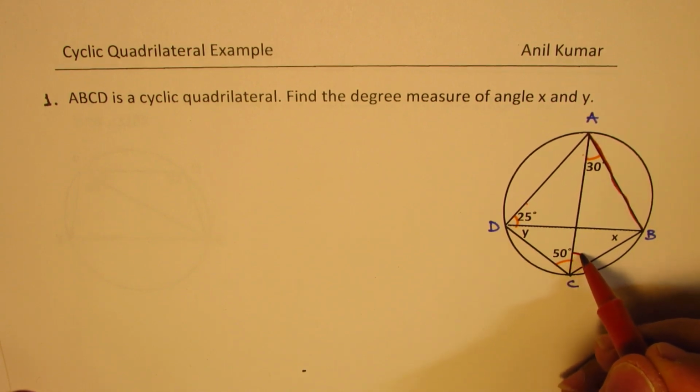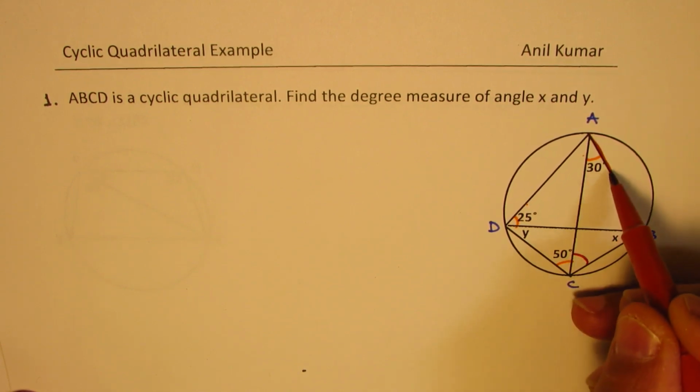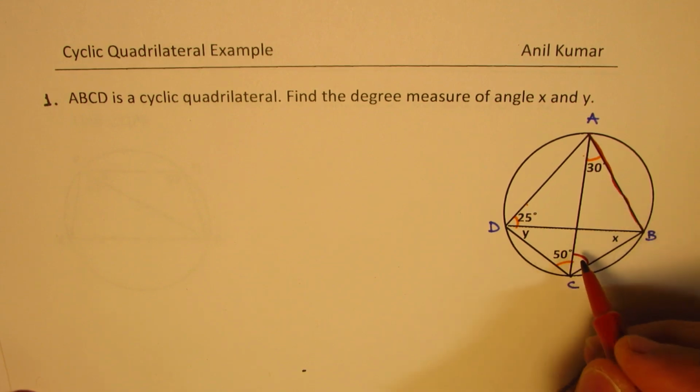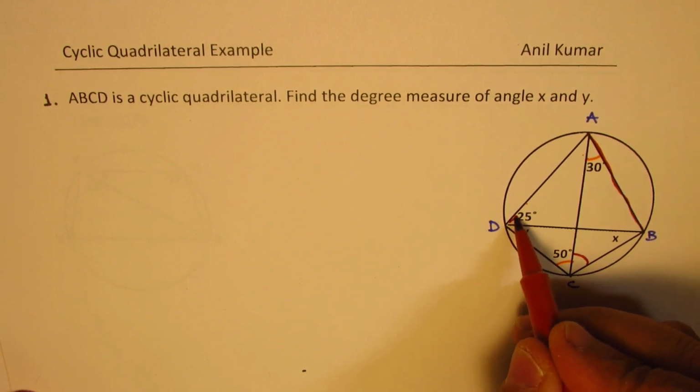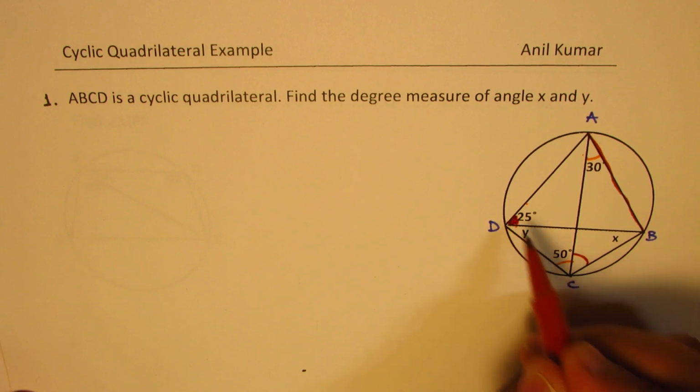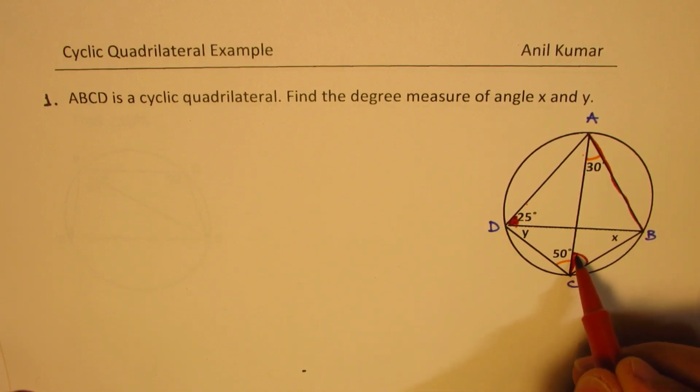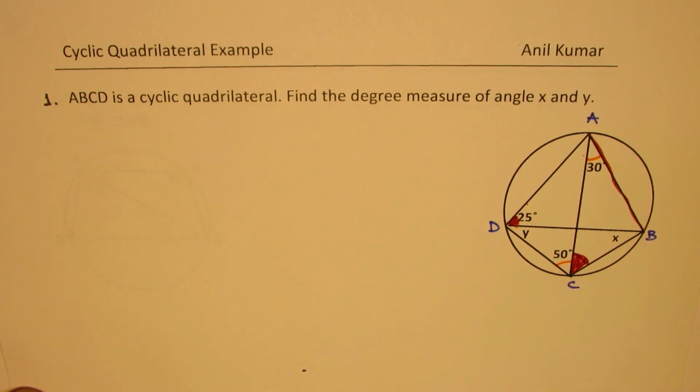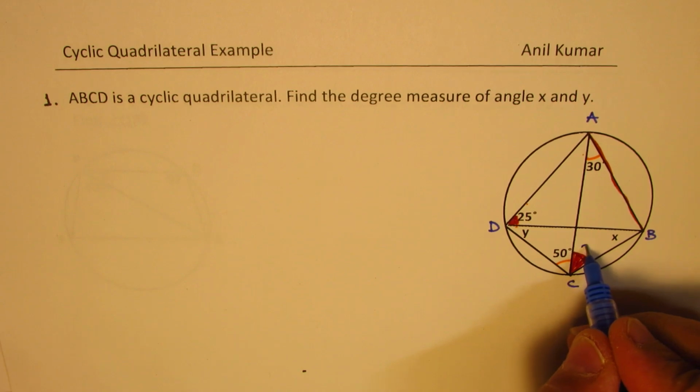So this angle here is against the same chord, and that has to be equal to this 25 degrees. Do you understand? So these 2 angles are equal. Therefore, we can write that this angle here is 25 degrees.